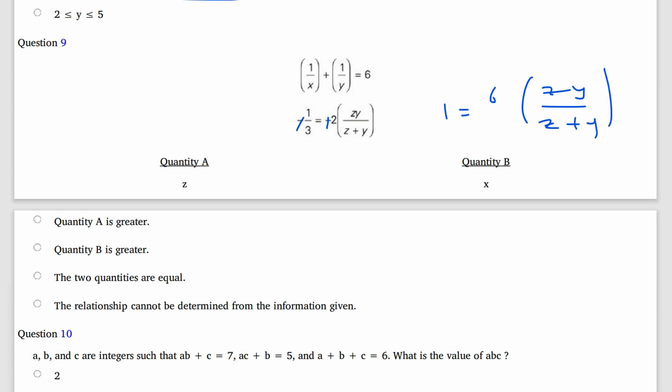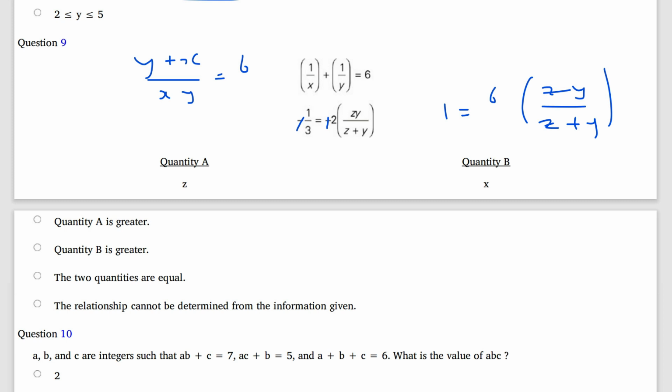And now on the top, I'm going to add those two fractions together. 1 over x plus 1 over y equals 6. I'm going to cross multiply, add them up, and you get y plus x over xy equals 6. And now I would notice they look so similar.